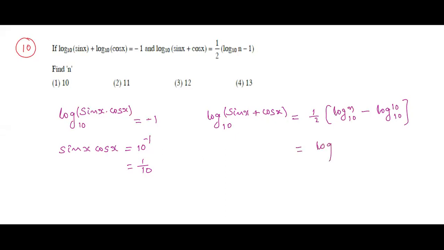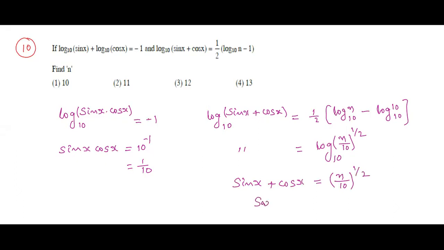Log n by 10 to the base 10. In front of the logarithm, 1 by 2 is there, this goes to the power. And this is the same. By comparing both, sin x plus cos x is equal to n by 10 whole power 1 by 2.